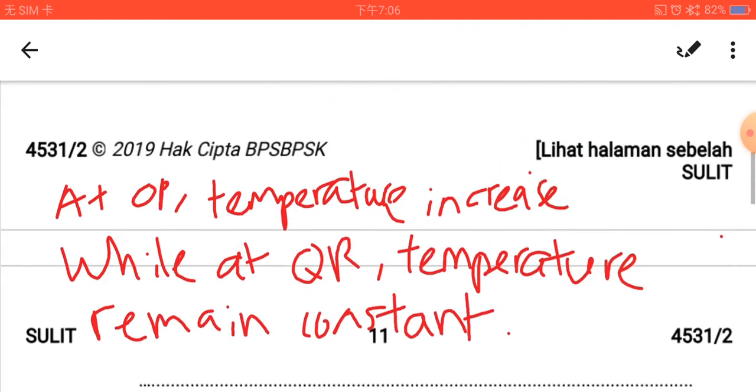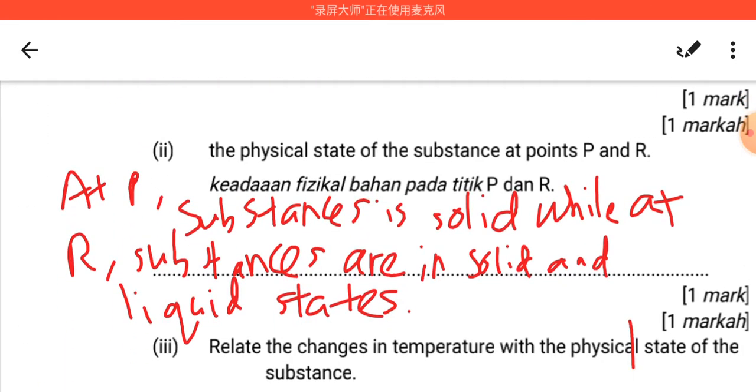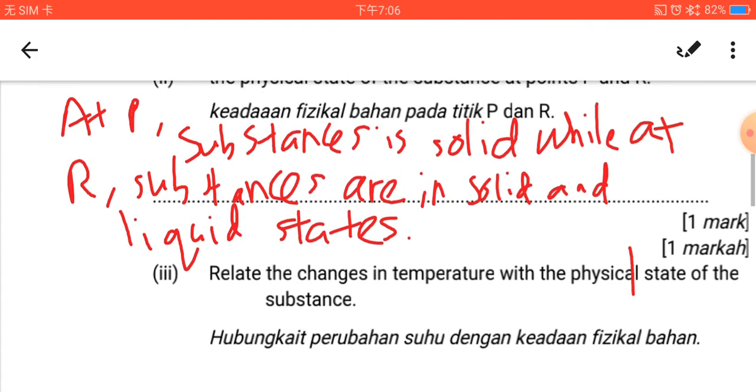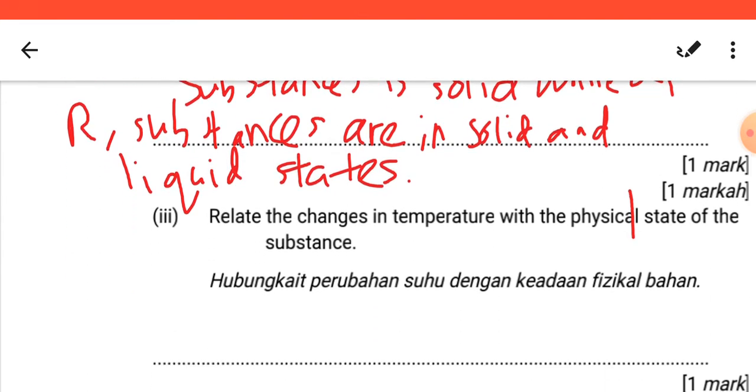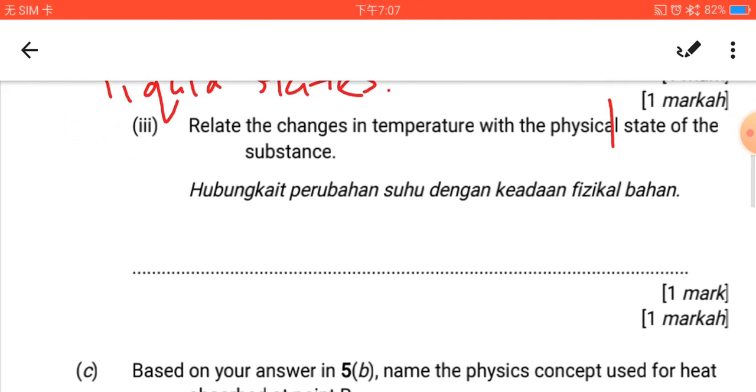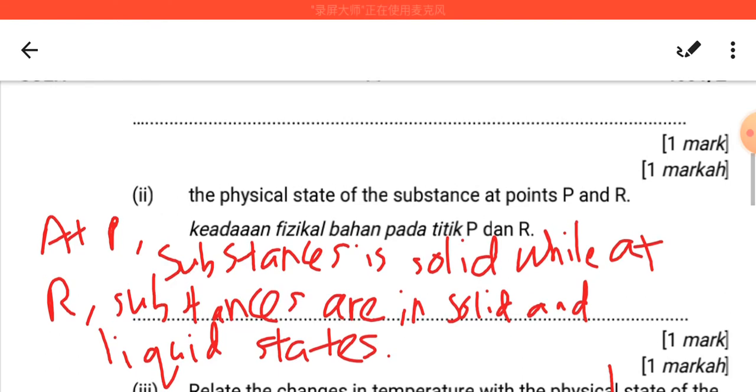If you write the temperature increases, you write the state at P. If you write the temperature remains constant, you write the solid and liquid states. But you cannot just combine the points that you wrote, so you need to make a little modification. So I choose the first point here.